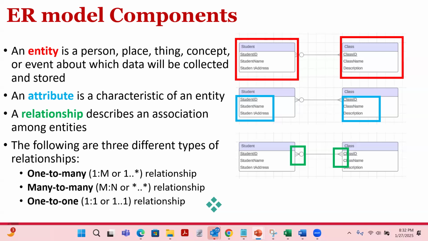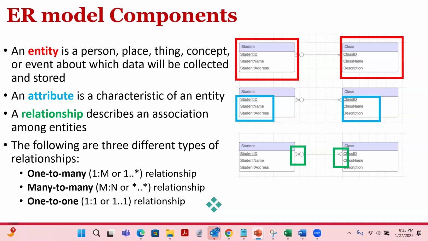And in addition to attributes and entities, we also have a relationship, represented on the third diagram on the bottom. A relationship shows how entities are related to each other.